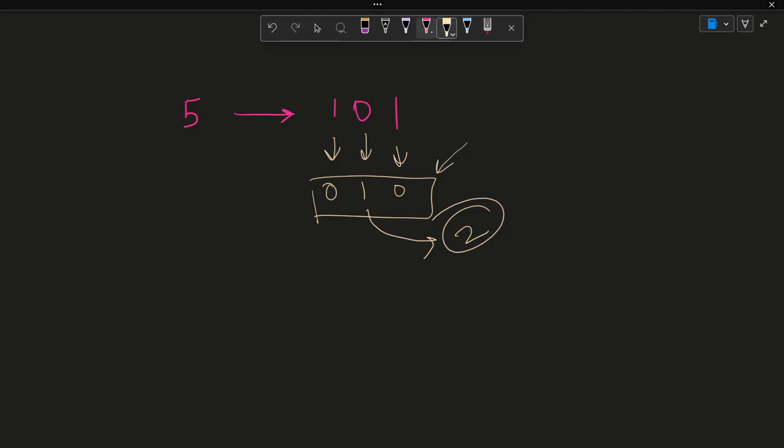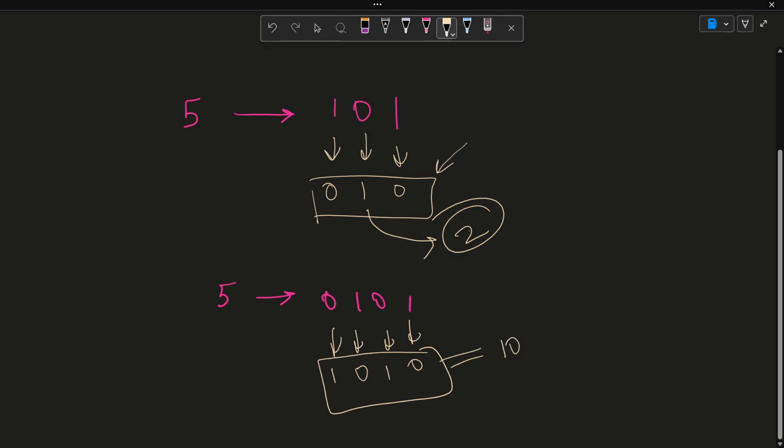Now what if we write 5 as 0101? Technically, you should flip this 0 to 1 and so on, but that is not what you have to do. So by this you clearly get an idea. You need to find the last one in the representation, because we have a 32-bit representation, right?